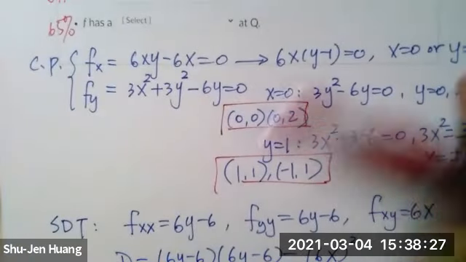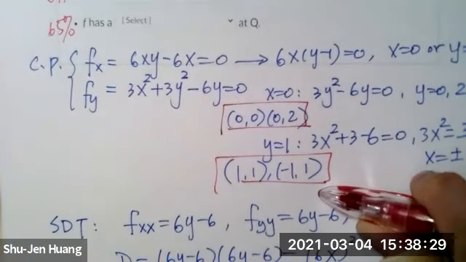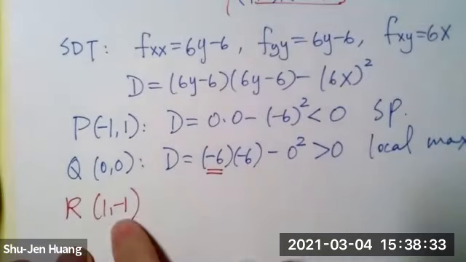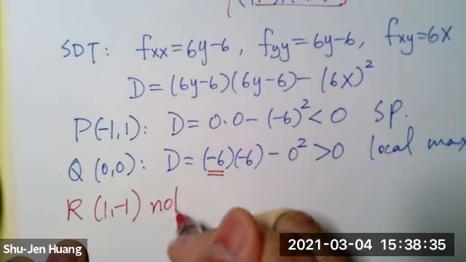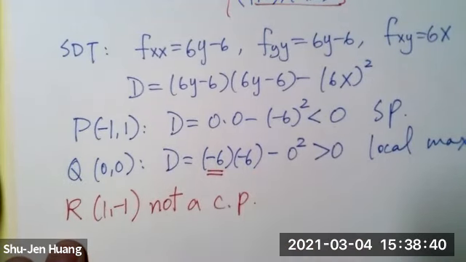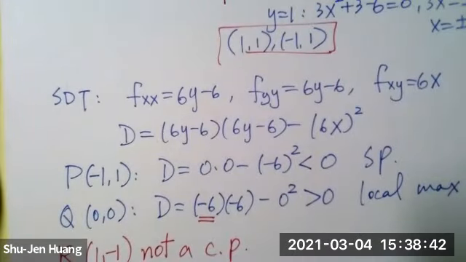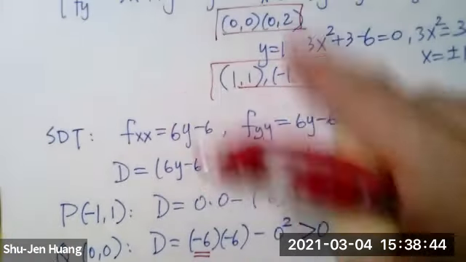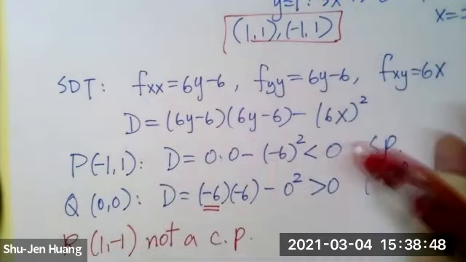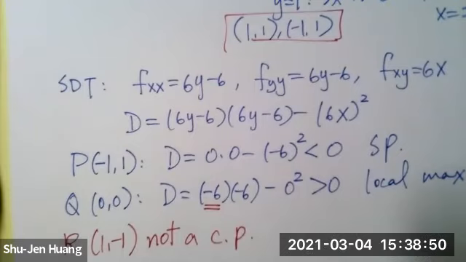You can see we have 4 critical points. Sometimes we try to trick you and give you a point that's not a critical point at all. Then you need to say this is not a critical point. You need to make sure the given point is a critical point. If not, then we don't even use the second derivative test. You just say it's not a critical point.